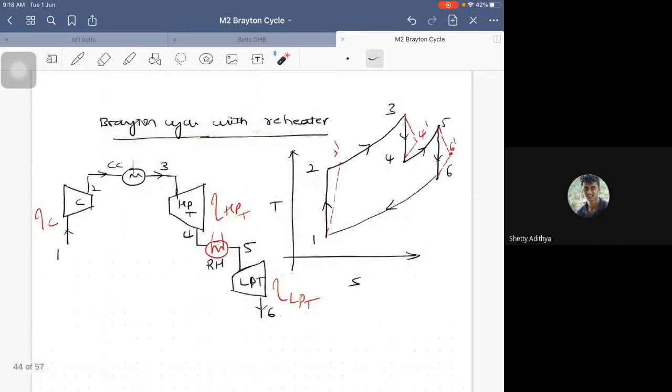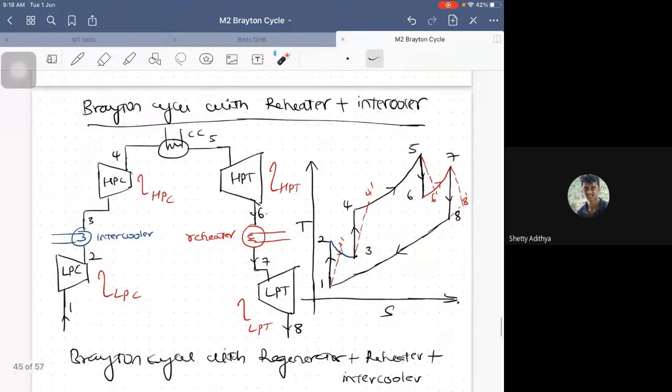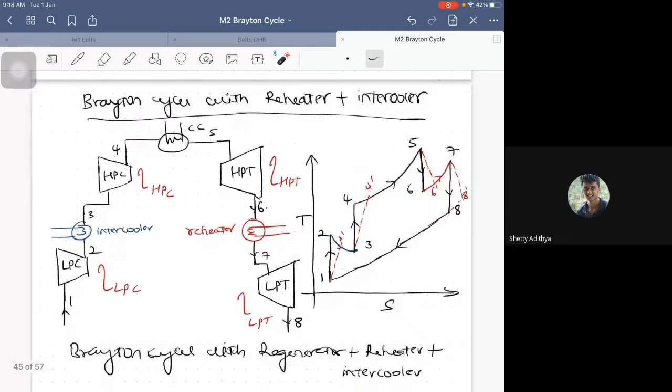Whereas when a reheater is introduced, what are you doing? You are expanding it to a certain level, then you are heating it back, and again you are expanding. Okay, that is what is happening there. So this is the reheater. So what happens when all the three are there? This is the combination of intercooler and reheater.